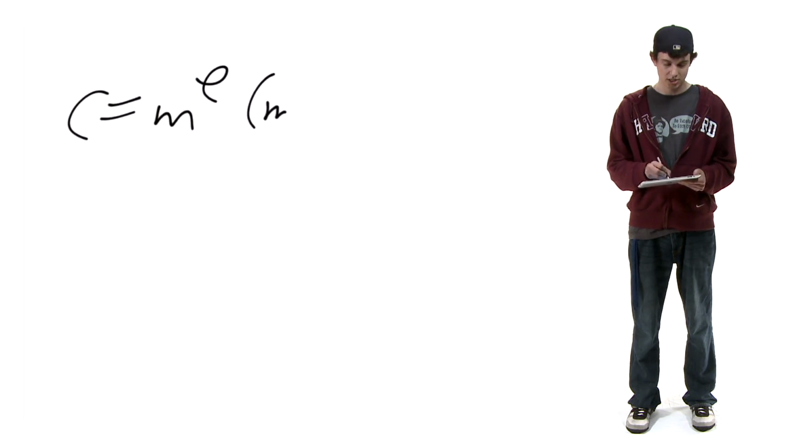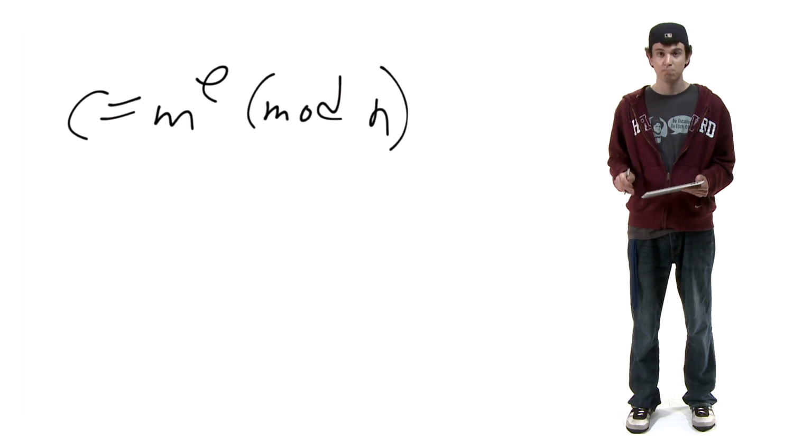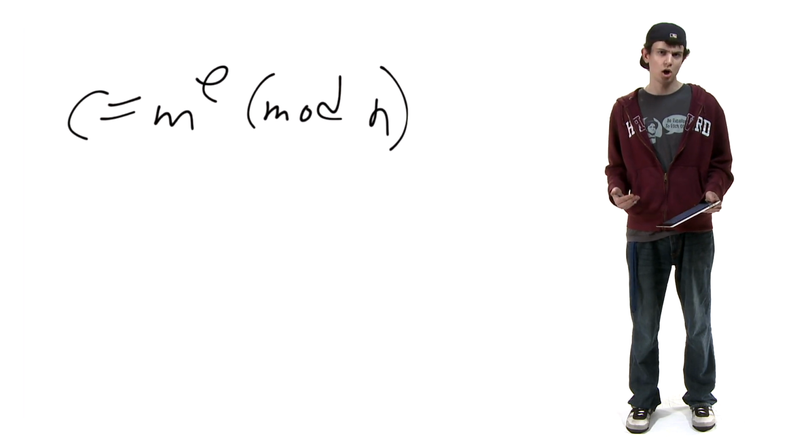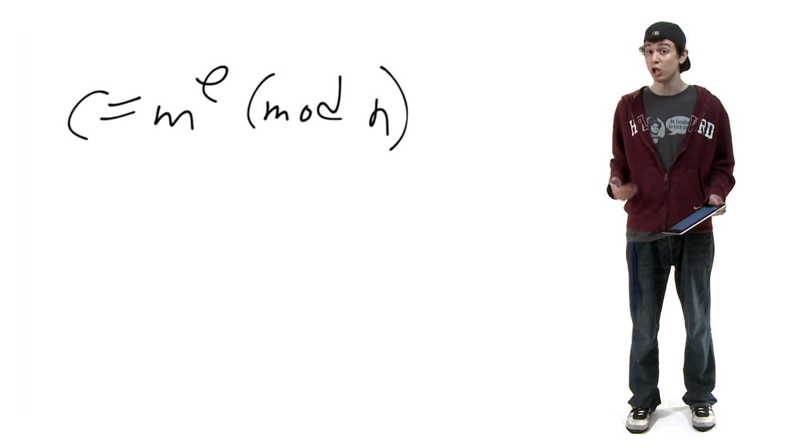In order to encrypt a given message m, I'll need to compute c is equal to m to the e mod n. But m must be smaller than n, or else the full message can't be expressed modulo n. So we can break m up into several chunks, all of which smaller than n, and encrypt each of those chunks.